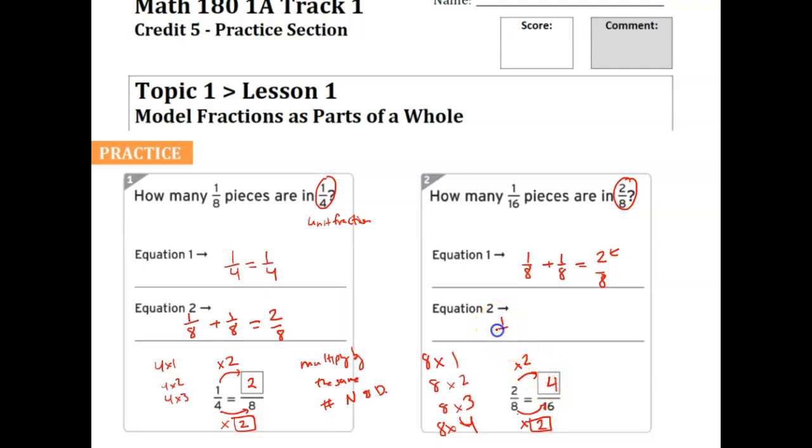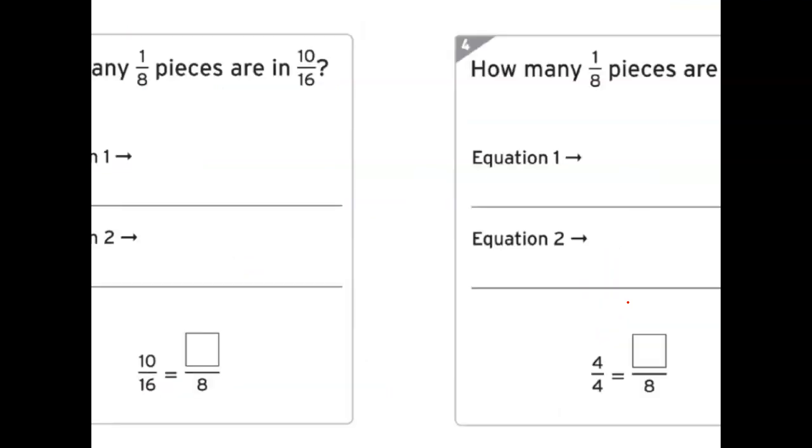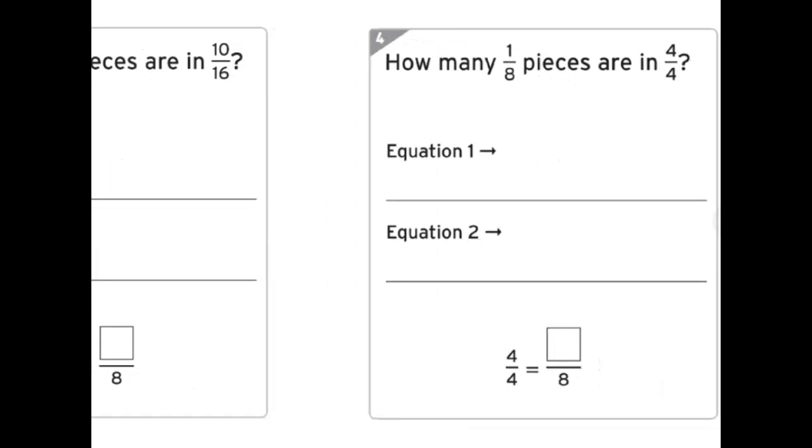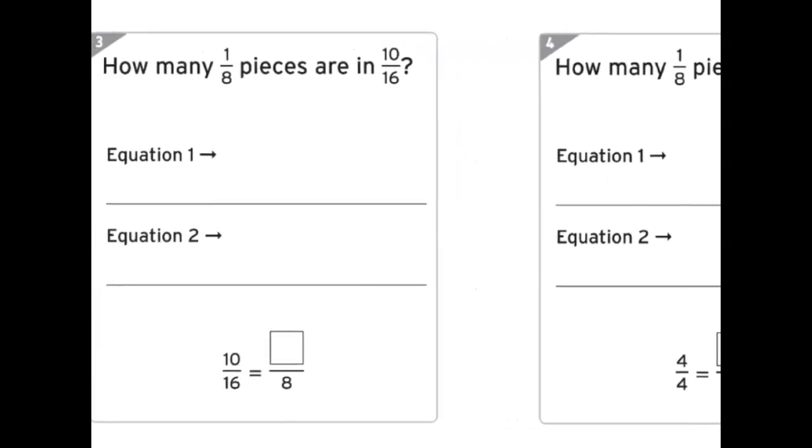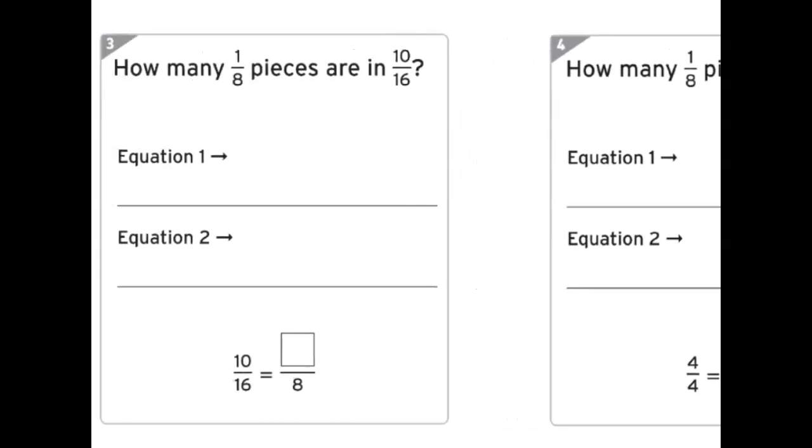So that's 1/16 plus 1/16 plus 1/16 plus 1/16, which is 4/16. Alright, feel free to do a couple of these on your own. And I realize you can't see that, but there's number 4 and number 3. So make sure you're doing both.